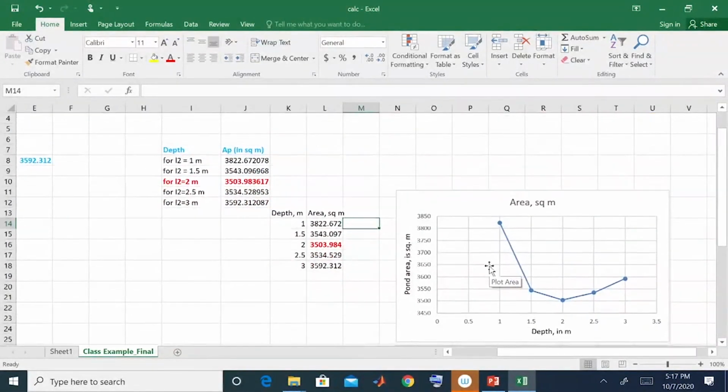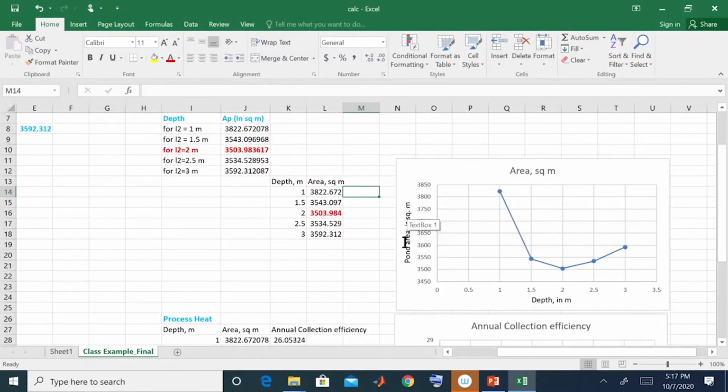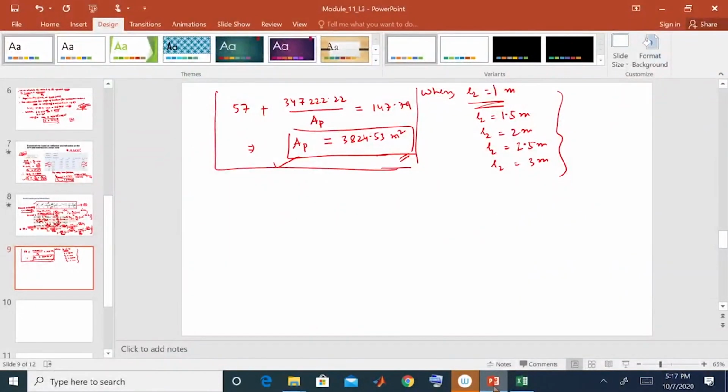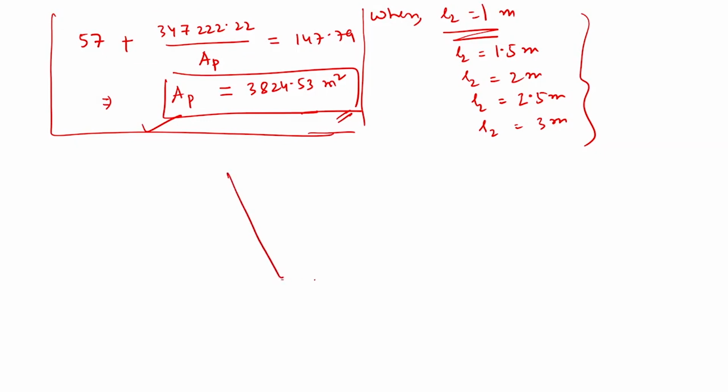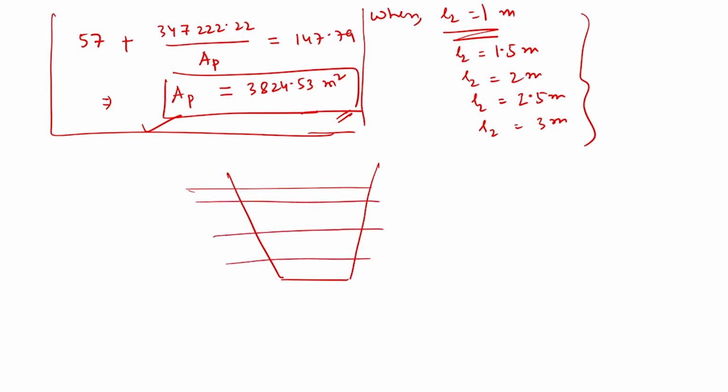Okay, so if we take the values now and try to draw it, then see what happens here. Okay, so the vertical axis shows the pond area and the horizontal axis shows the depth in meters. So this is the pond. This is the surface convective zone, then the non-convective zone, and this is the lower convective zone.